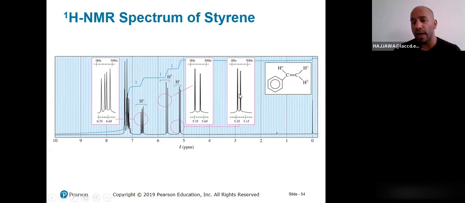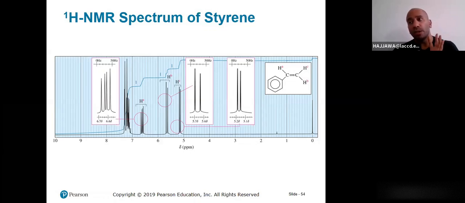So right away you could tell that HC is the one that's around 5.15, and HB would be the one that's around 5.69 or 5.7 ppm. This is really important to keep in mind. J coupling, once again, is a factor we use to figure out whether I'm dealing with a cis or trans alkene.